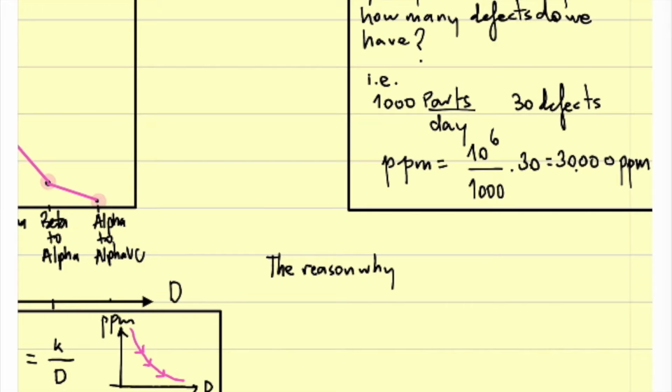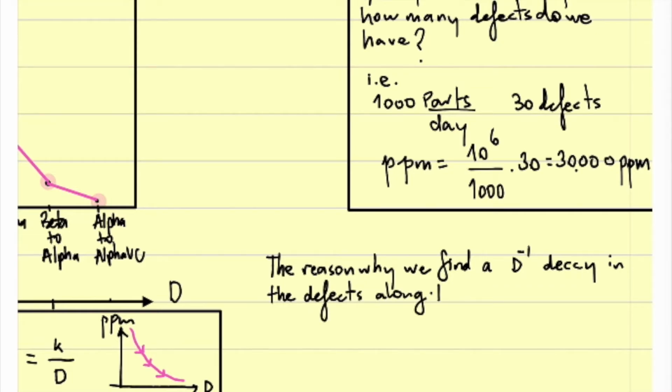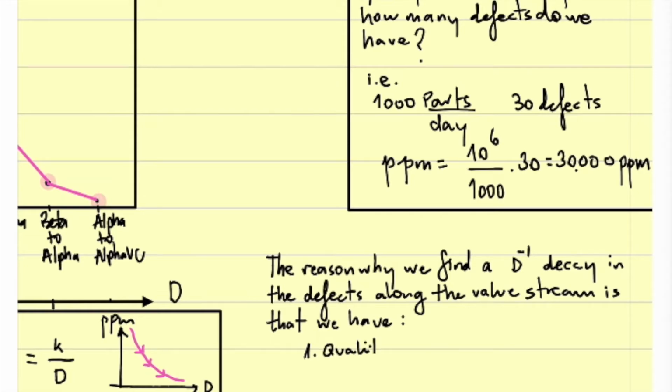Why we find a d minus 1 dk in the defects along the value stream is that we have, on the one hand, quality feedback loops.